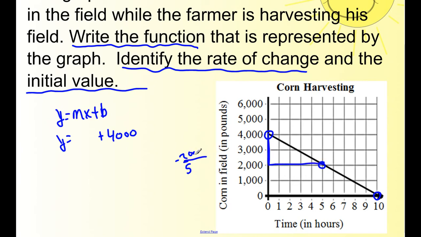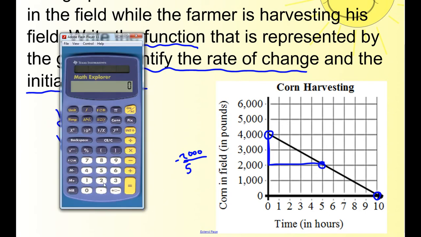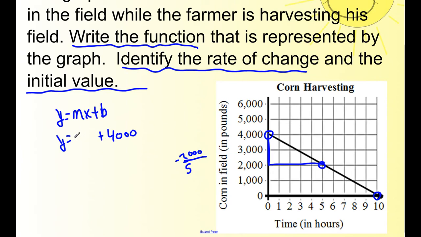So down 2,000 over 5, which we can simplify. If you take 2,000 divided by 5, we're going to get negative 400. If you don't believe me, we can check this. So negative 2,000 divided by 5 equals negative 400. So our slope is negative 400x.